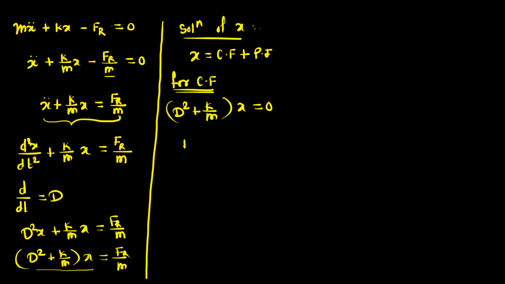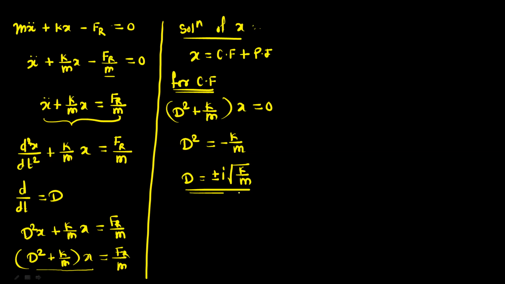From this we will get D square is equal to minus k upon m, and D is equal to, taking the square root, a complex number as the right hand side is negative. So this will become plus or minus i square root k upon m.